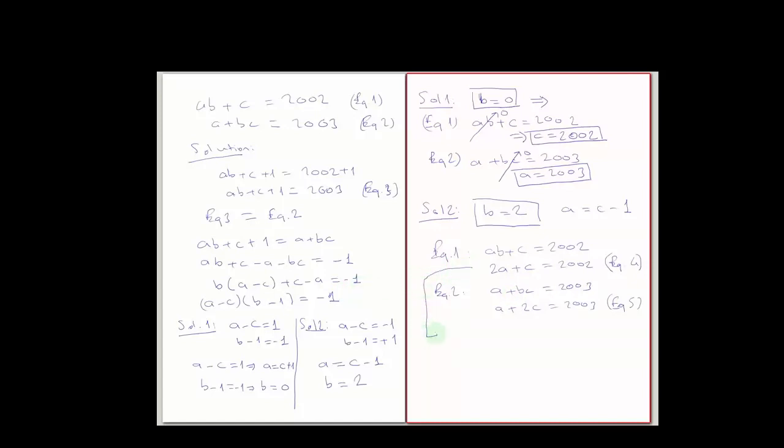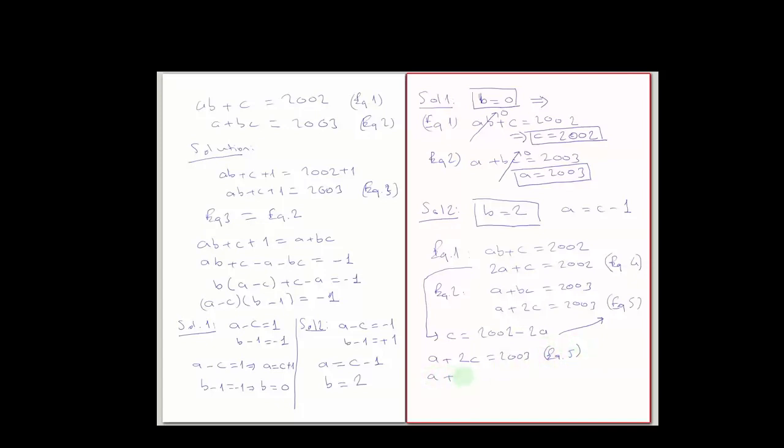Let's take equation 4. Then we can write C equals 2002 minus 2A. If you substitute this into equation 5, then you will only have A. A plus 2C equals 2003, this is from equation 5, right?